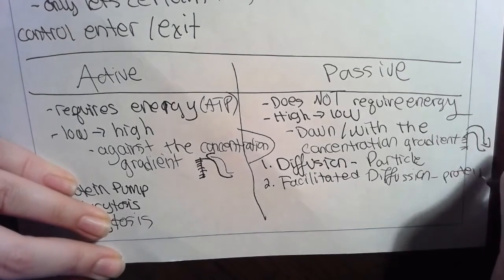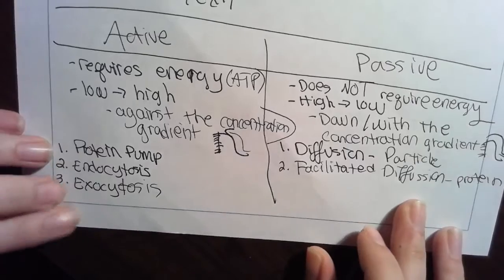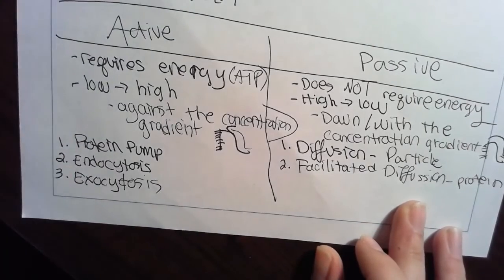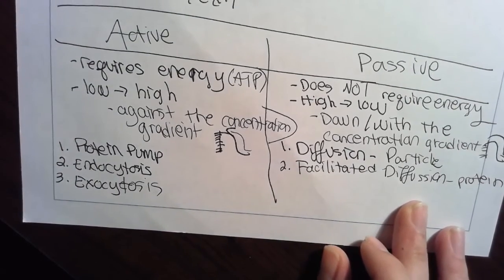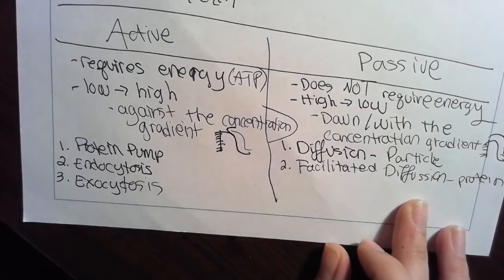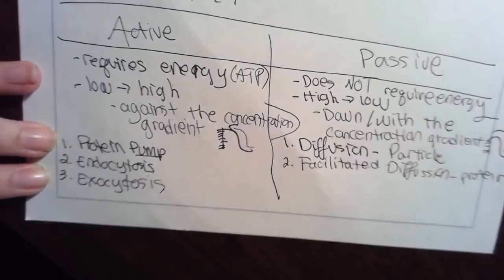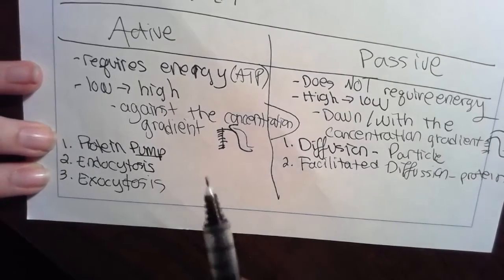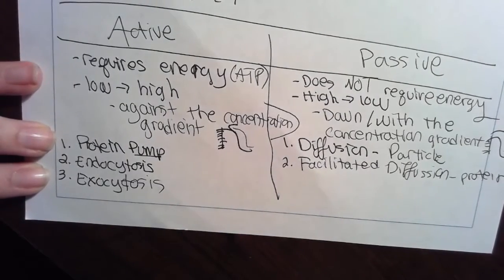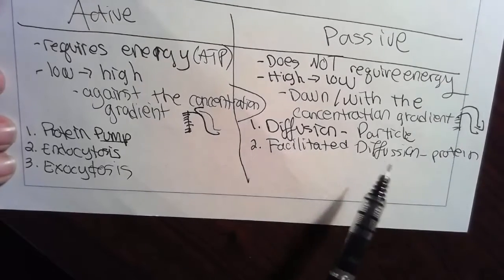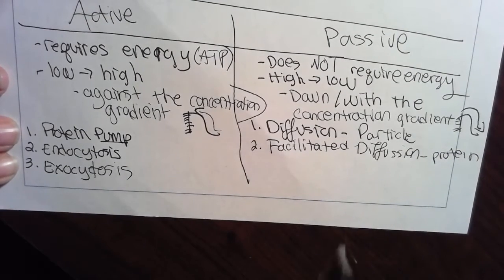Now, a lot of the time you guys get confused on facilitated diffusion and protein pump. They both involve a protein. The biggest difference is the direction of the molecules. So a protein pump automatically requires energy. The protein is helping molecules go from low to high. In facilitated diffusion, the protein is helping molecules go from high to low. It's just the direction in which the protein is helping.